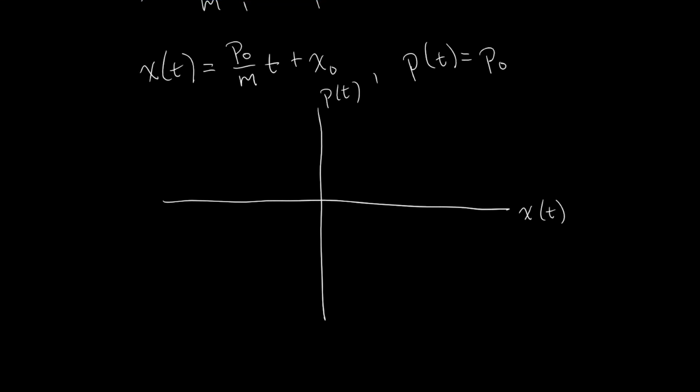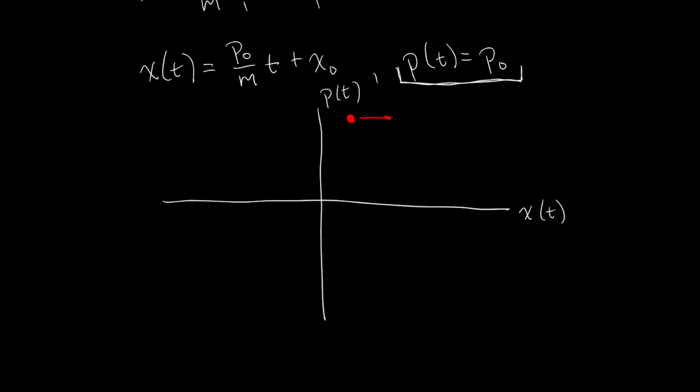So in particular, for any given point p0, the system will always stay at that height, right? So if I draw a point, say here, the height of this point is never going to change. It's always going to just evolve something like that.